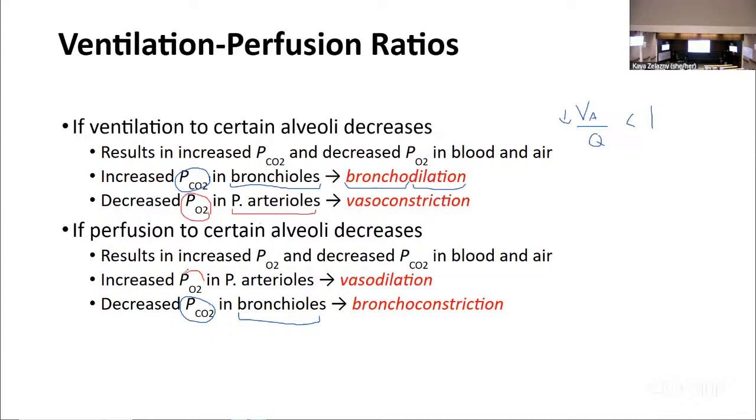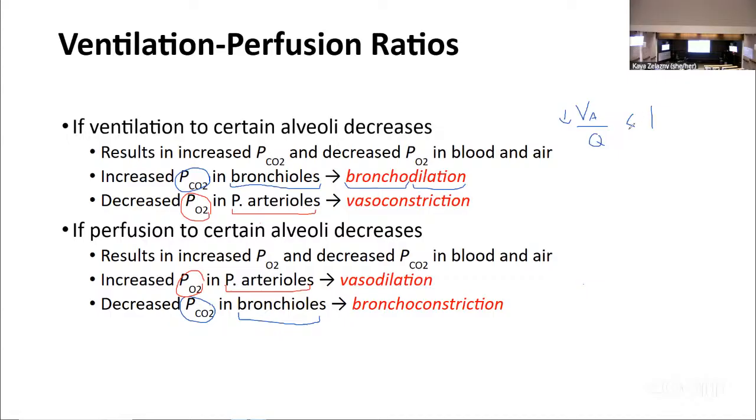So each of these gases is having an effect on one or the other half of this equation. We looked at that decrease in our ratio being matched up to an increase in carbon dioxide, creating bronchodilation, trying to swell up that airway to get around our blockage.